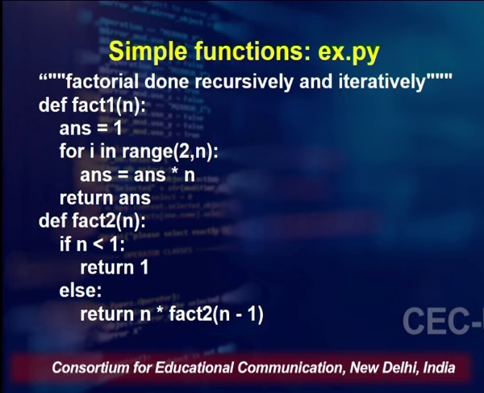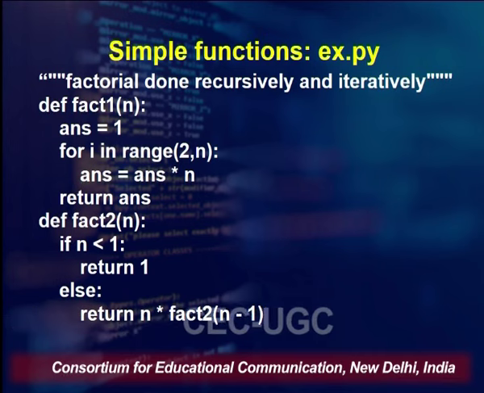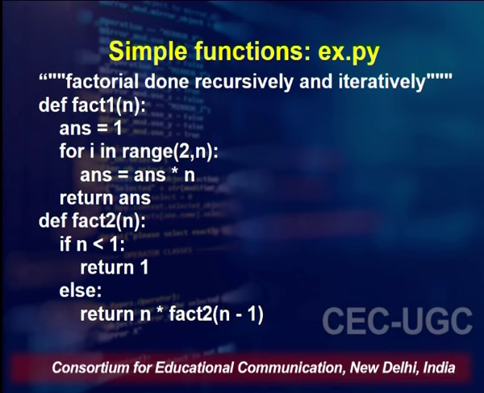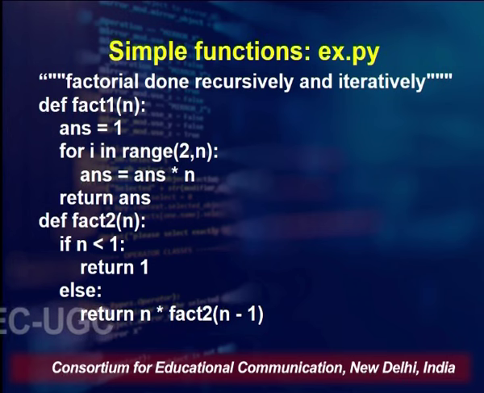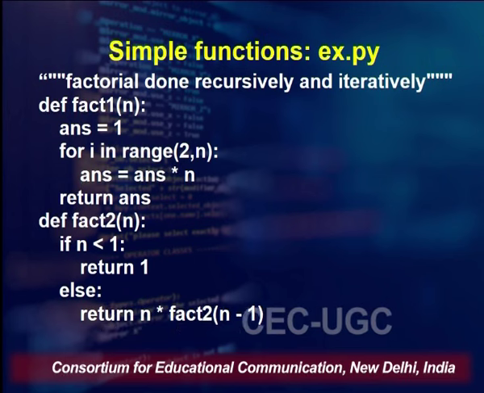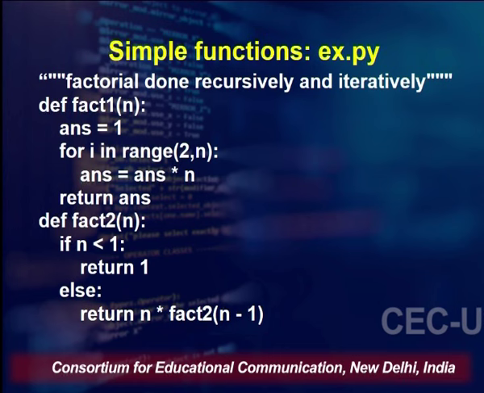In the function we have a loop because it is calculating the factorial in the iterative format. We run a for loop from 2 to the number, multiplying the answer each time by n, and at the end of the loop we return the answer. So this is calculating the factorial.